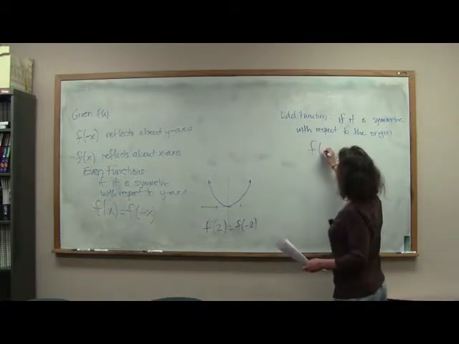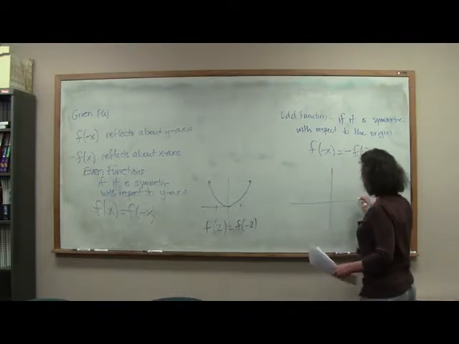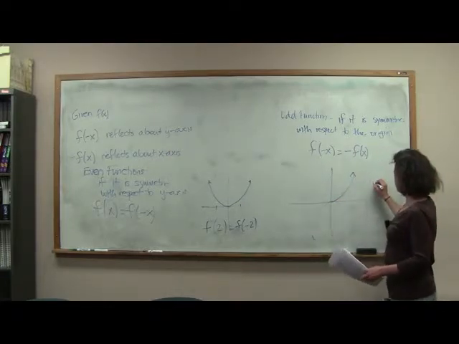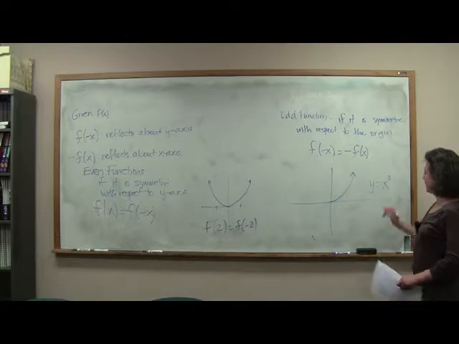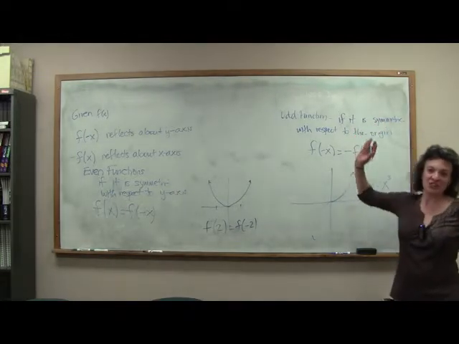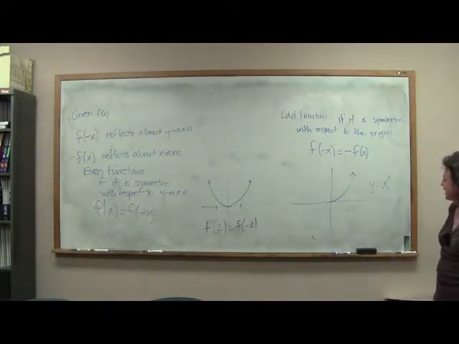In other words, f of negative x is negative f of x. And our most classic example of a function symmetric with respect to the origin is our cubic function. I always call this the John Travolta function for those of you guys who saw that movie Saturday Night Fever.